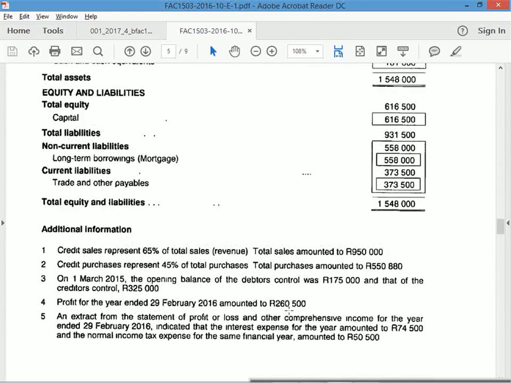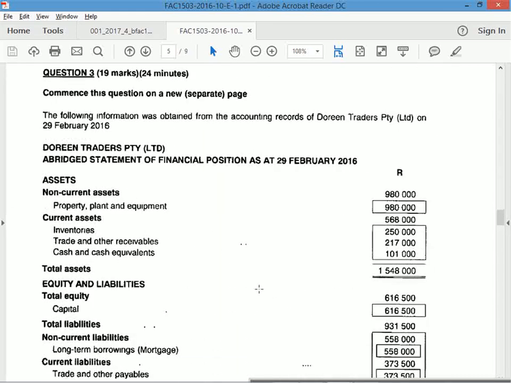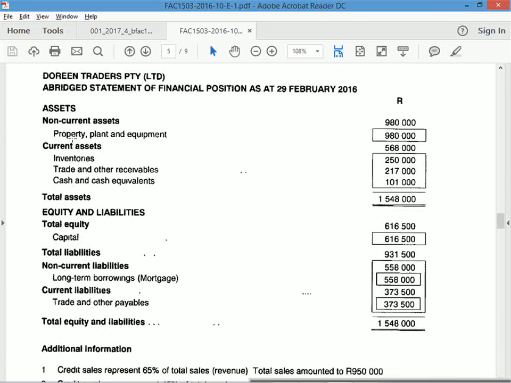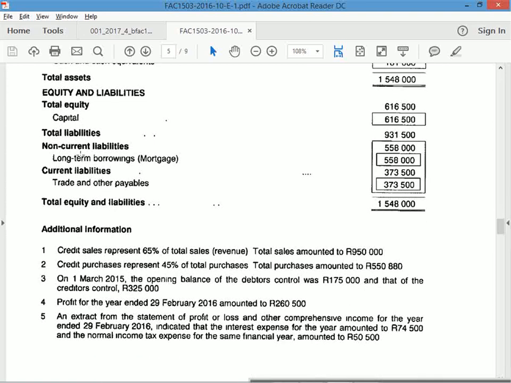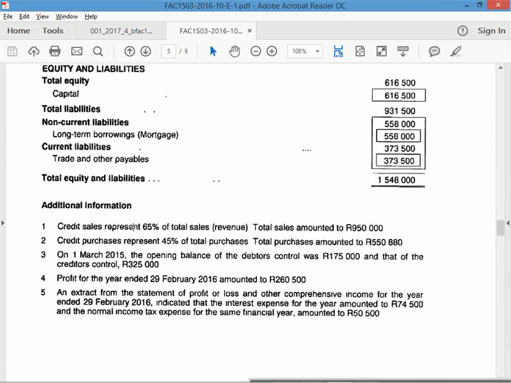Okay, so let's go to the question. Let's see what we've been given. I've got a statement of financial position here. I've got assets, non-current to current, equity and liabilities, non-current to current. Then I've got additional information. They tell me credit sales represent 65% of sales, total sales amount to 950. Credit purchases represent 45% of total purchases amount to that.